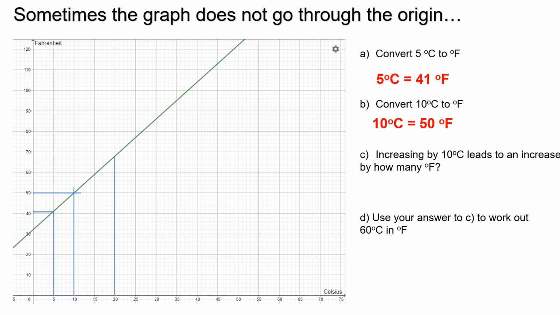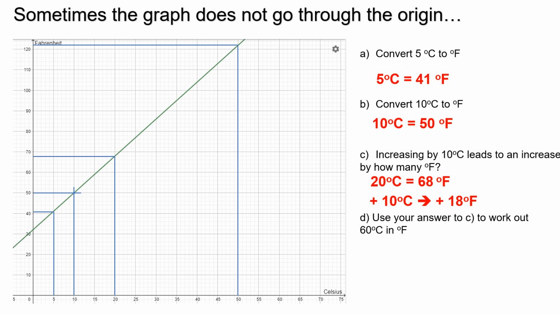To work this out, we could work out what 20 degrees Celsius is in Fahrenheit, and doing so leads us to 68 degrees Fahrenheit. So, given that 10 degrees Celsius is 50 degrees Fahrenheit and 20 degrees Celsius is 68 degrees Fahrenheit, we can say that if we increase by 10 degrees C, we increase by 68 take away 50, which is 18 degrees Fahrenheit.